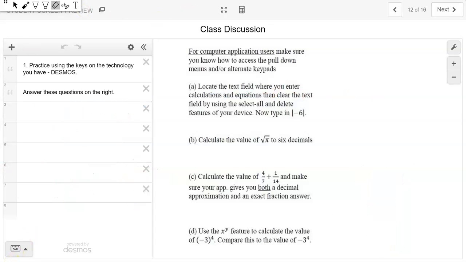All right. The first one, using Desmos. Of course, for computer applications like this, make sure you know how to access the pull-down menus and/or alternate keypads.